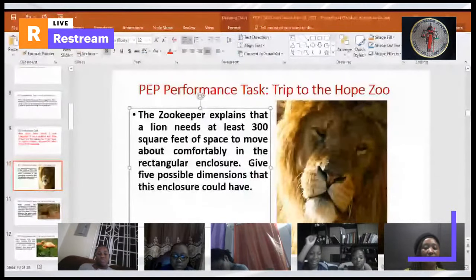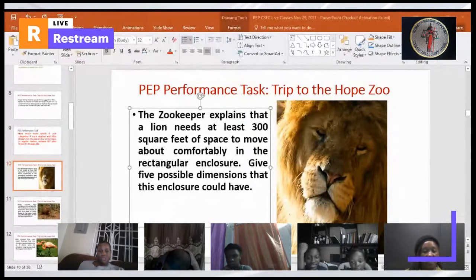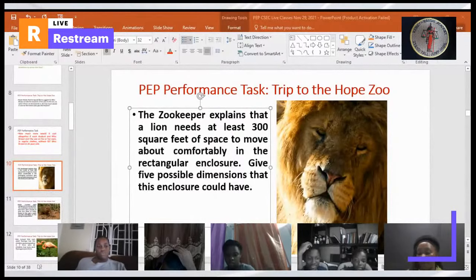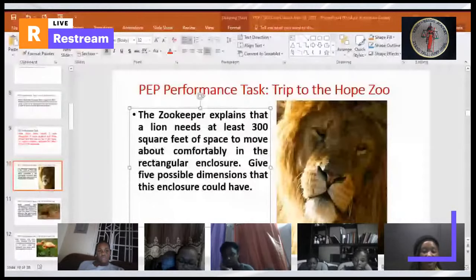No, Antoine. Amari is saying 5 feet by 60 feet. That could go, yes. John is also saying 150 feet by 2 feet. Jerry is saying 30 feet by 10 feet. Yes. All of those are possibilities.